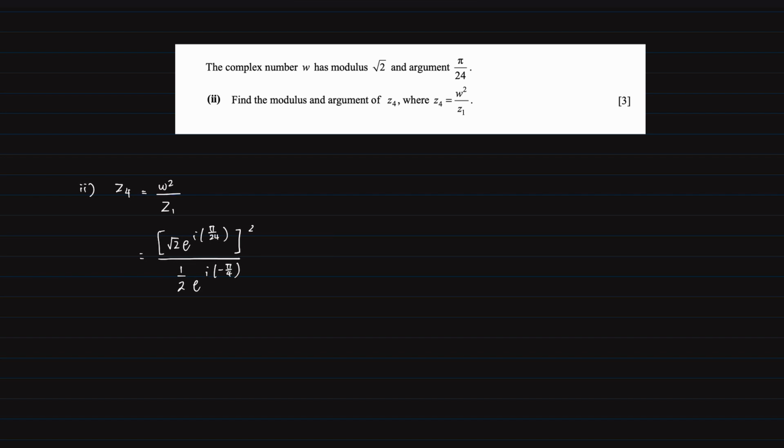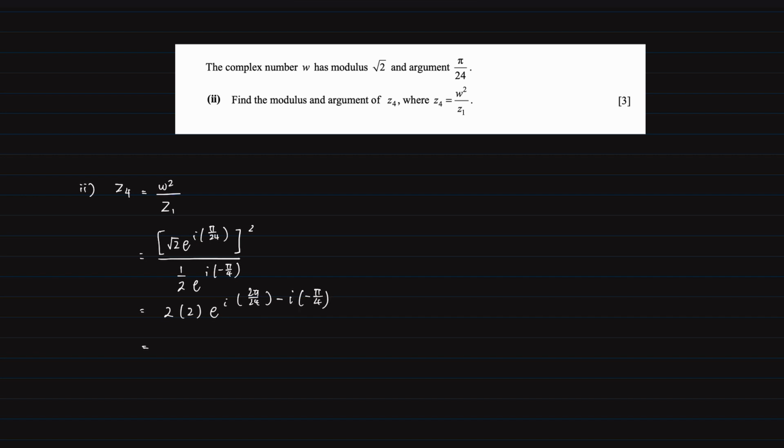Now recall your property of indices. We are going to simplify the numerator and the denominator, and this will give us 2 multiplied by 2 e to the power of i 2 pi over 24 minus i minus pi over 4.